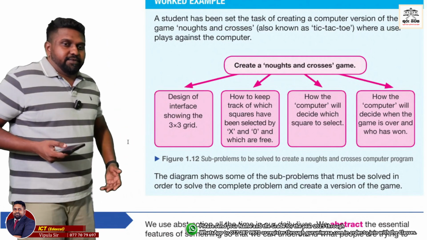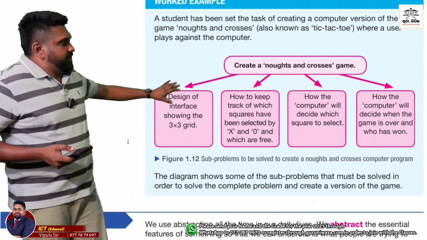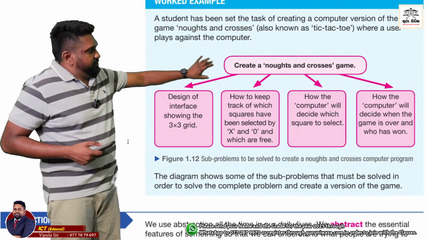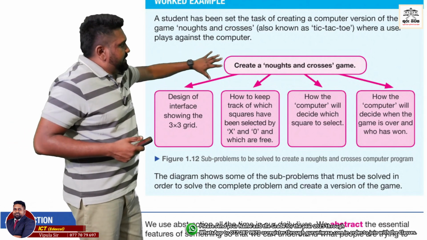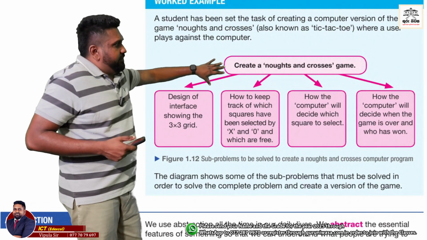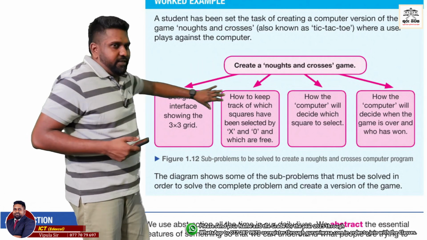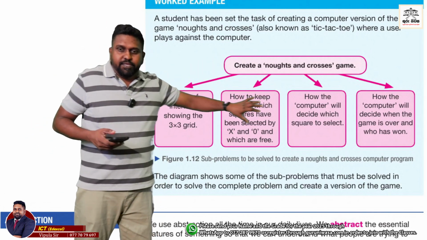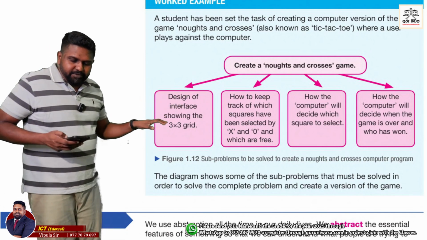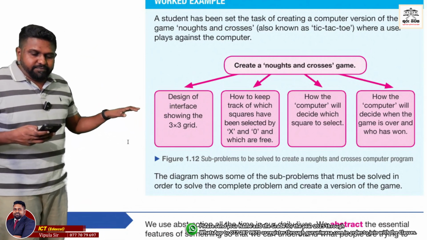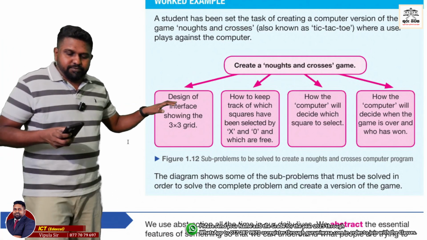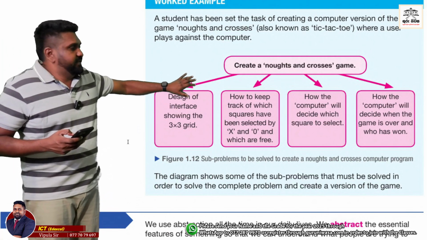For that, what do you need? In order for us to come up with the game concept, we have 4 primary problems. These 4 are the main problems we have in getting the basic system up and running.